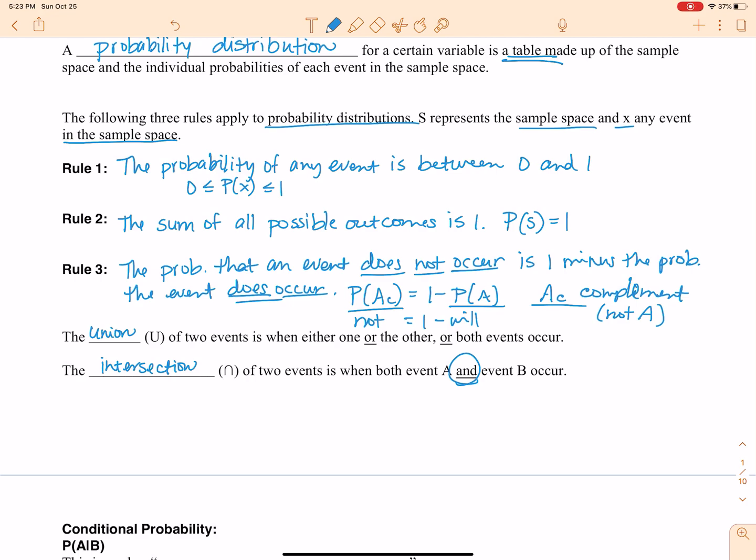Now, one of the big issues in probability is figuring out whether you're adding your fractions together or multiplying your fractions together. When you are dealing with an OR situation, you are dealing with adding things together. When you are dealing with an AND situation, you are dealing with multiplication. All right, so addition for OR, multiplication.